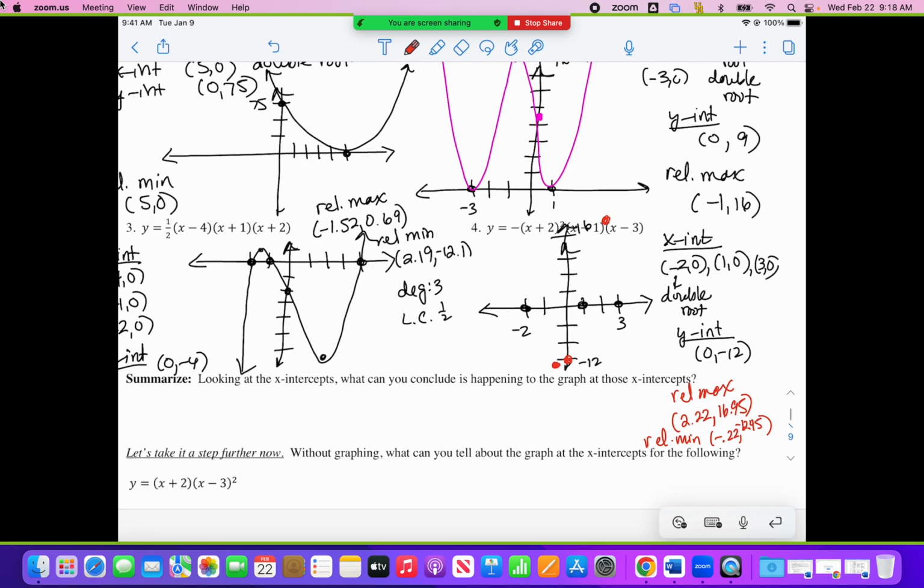Now, what's the degree in number 4? 4. So this is either up, up or down, down. My leading coefficient is negative, so what should I anticipate for end behavior? Down. So this is coming from below.